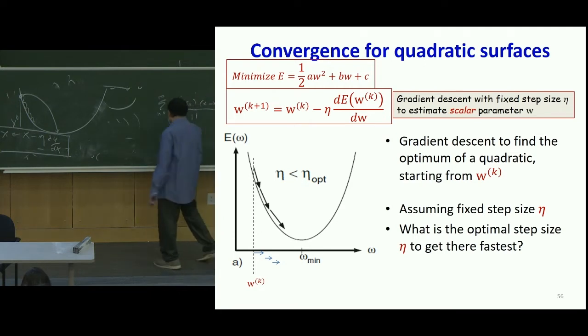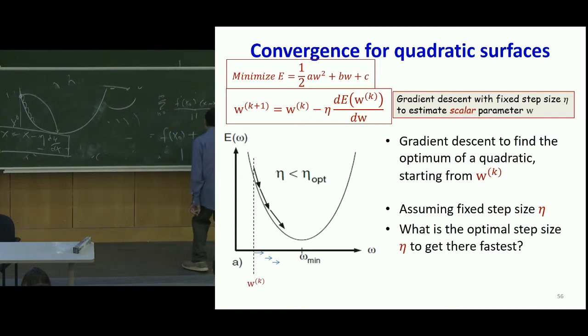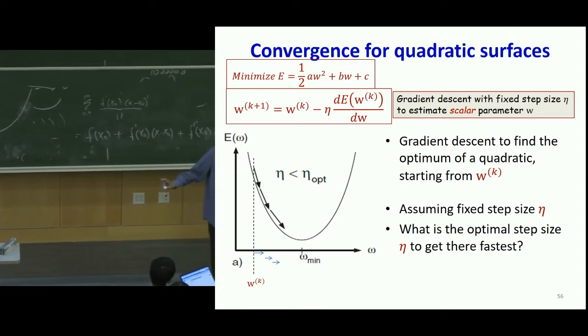Okay, over here it's going to be f of x0 plus f prime of x0 times x minus x0, plus f double prime of x0 times x minus x0 squared over 2, right?